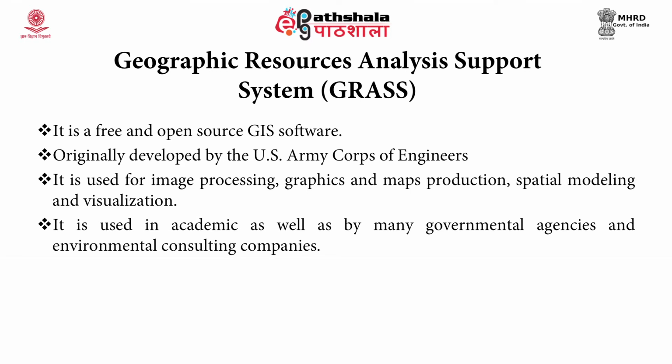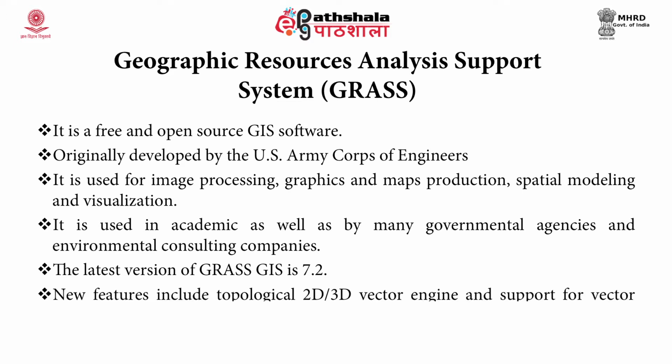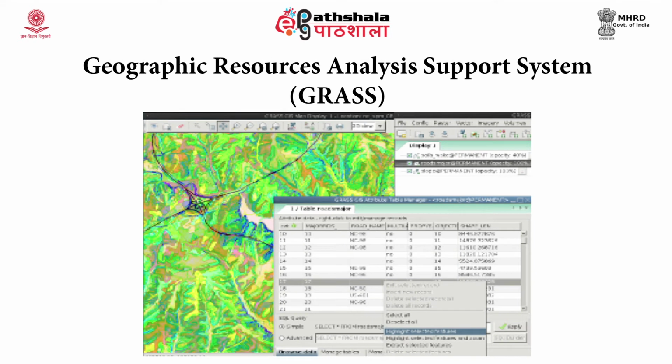It is used in academia as well as by many governmental agencies and environmental consulting companies. The latest version of GRASS GIS is 7.2. The new features for this software in the latest version include topological, two-dimensional and three-dimensional vector engine and support for vector network analysis. This figure shows one of the windows for GRASS software.